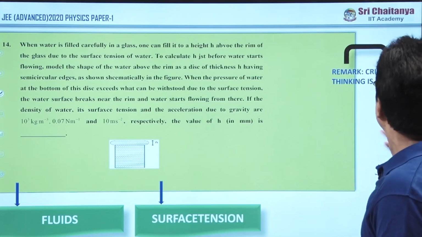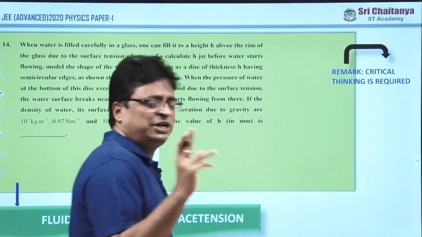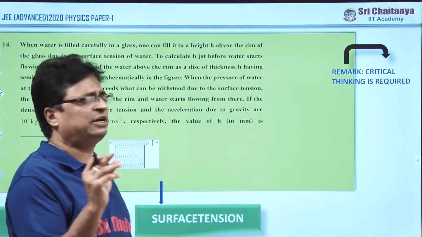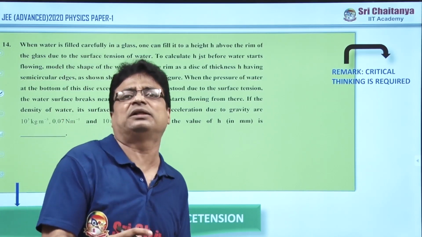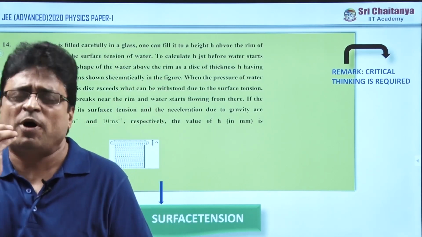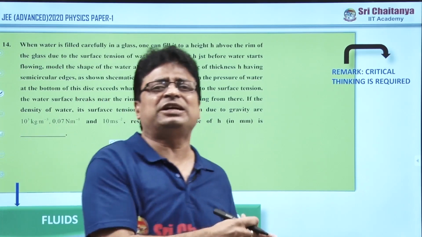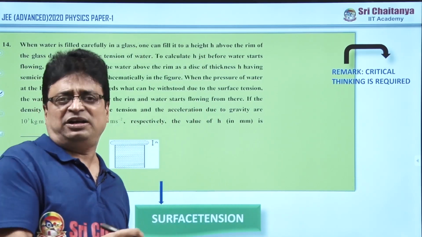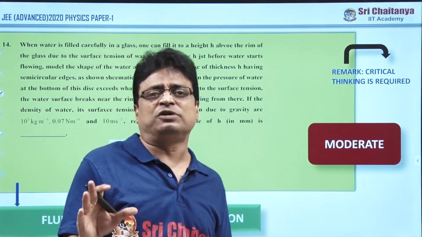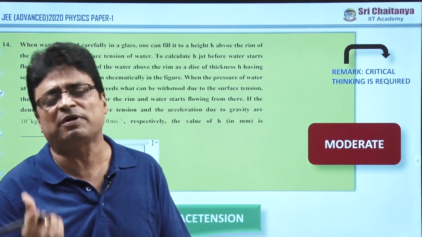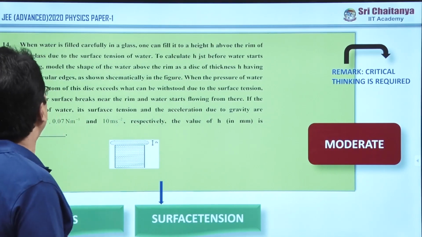And here the remark on this question is, again in a numerical value question, critical thinking is required. So you have to study the question properly, then only you will get the proper idea. And if you are utilizing that area very clearly and neatly, then only you can get it. Otherwise, the problem becomes very difficult. Of course, if you are familiar with this kind of problem, it becomes very easy for you. This is about the 14th question.